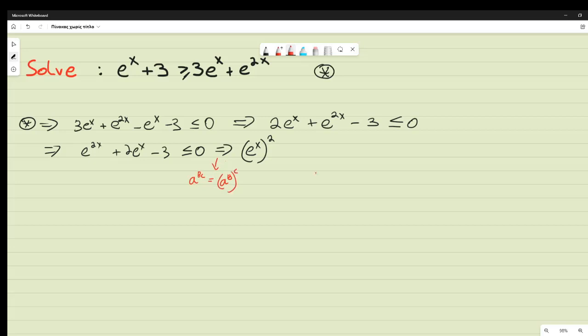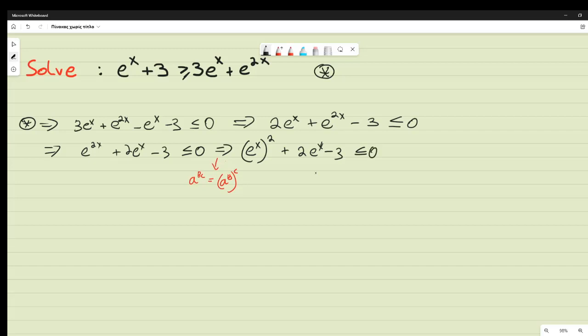We know this from our theory, so this is what we have done here. And we will have plus 2 multiplied with e to the power of x minus 3, smaller or equal to 0.